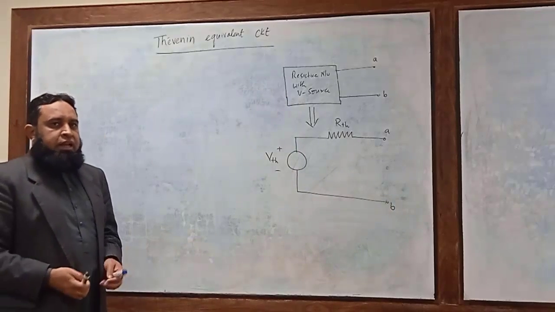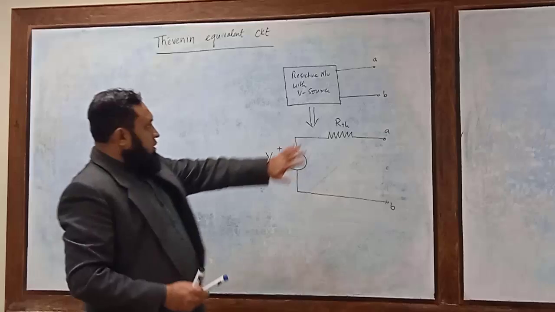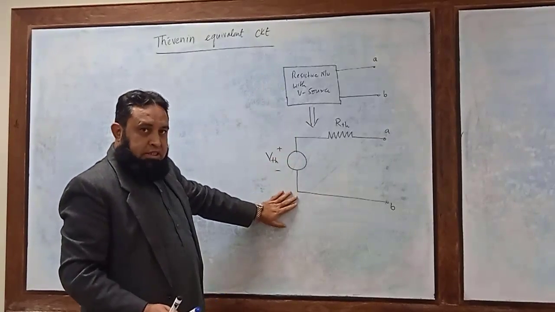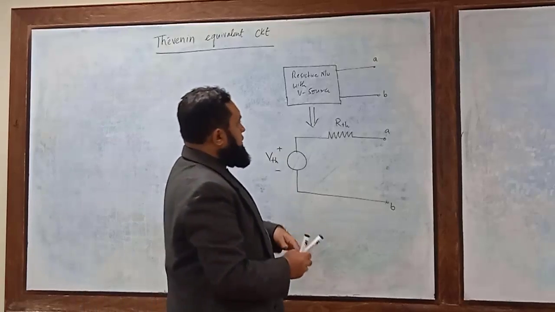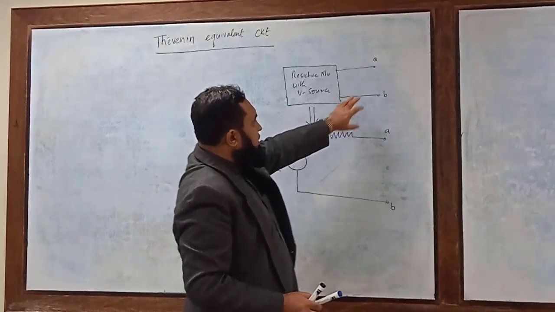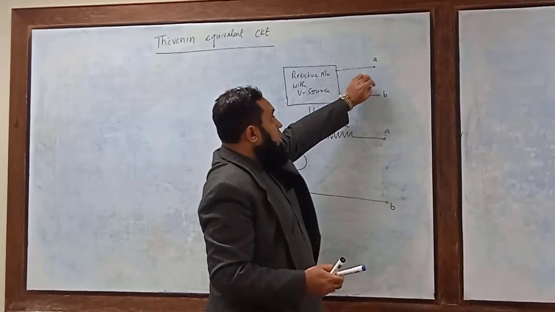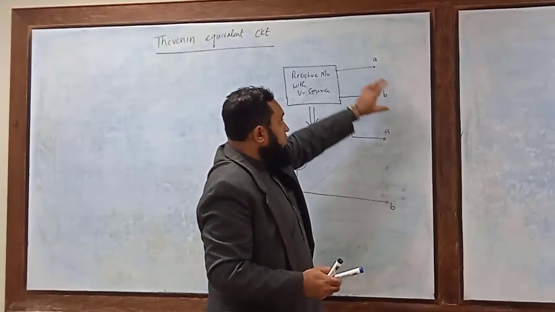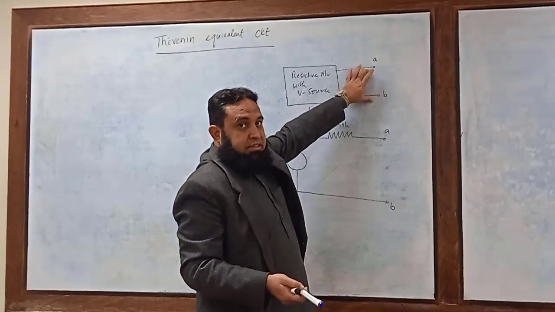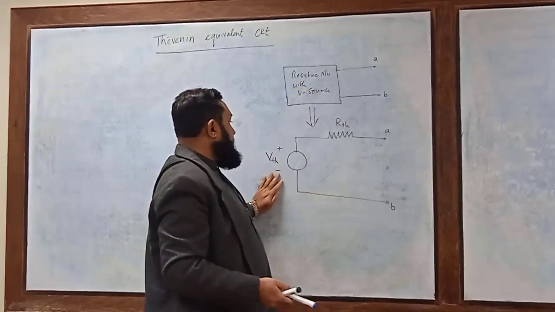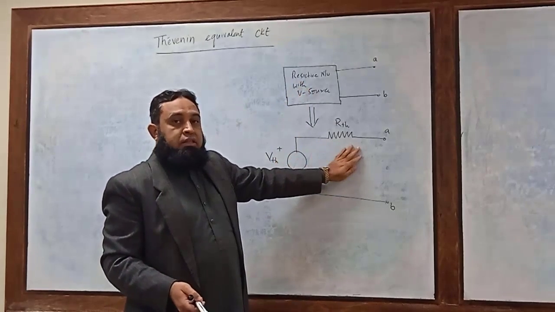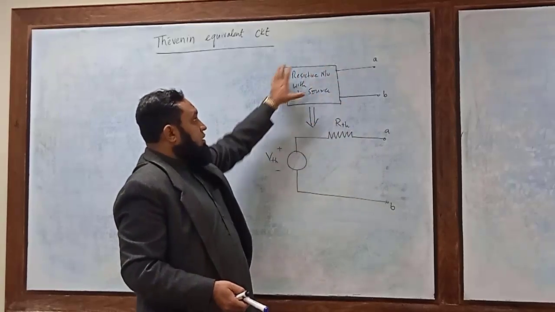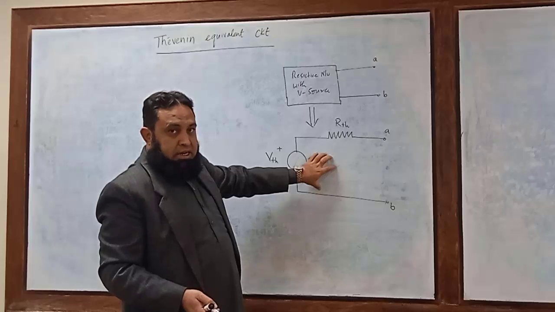Okay, so the procedure which we have to follow in order to transform this resistor network into this shape is that, as a first step, we have to remove the portion of the circuit across which we are interested to find the Thevenin voltage and Thevenin resistance, the portion we want to transform into the Thevenin circuit.